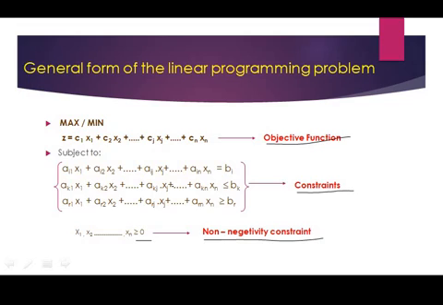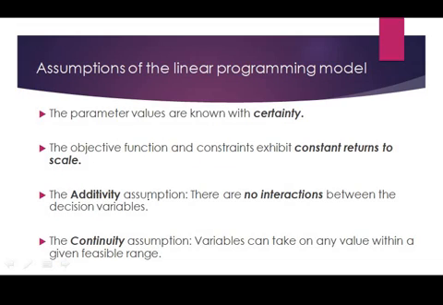That means to say, two constraints are not combined by either addition or subtraction or multiplication or anything. They are completely independent. That is what has been specified here. The additive assumption says there are no interaction between the decision variables when it comes to constraints.